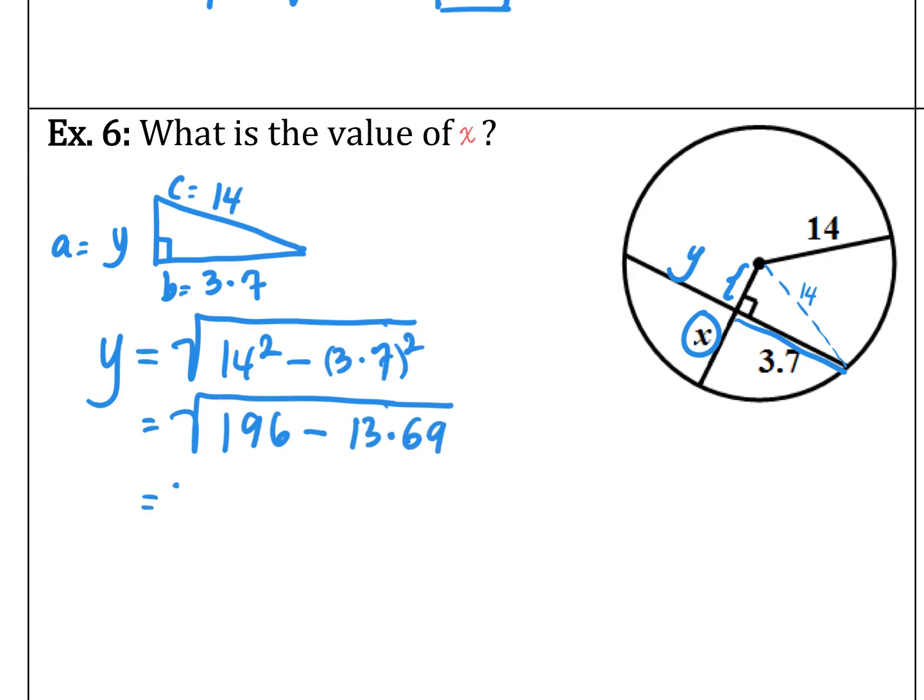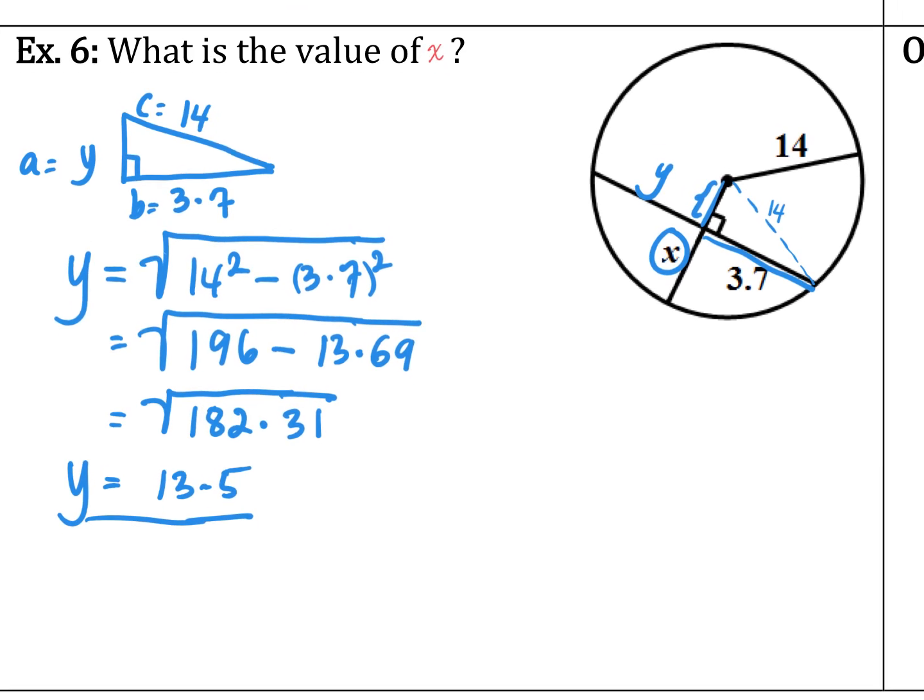We deduct that together and come up with 182.31. Getting the square root of that, the value of y is 13.5. Now, this is not the final answer because that is just the value for y.